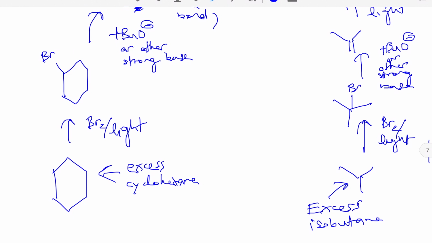If you do a radical bromination reaction with bromine and light, you can actually control this reaction from polybromination, or having way too much bromine, like a bromine here and a bromine here, just causing a lot of bromines to populate one given cyclohexane molecule.